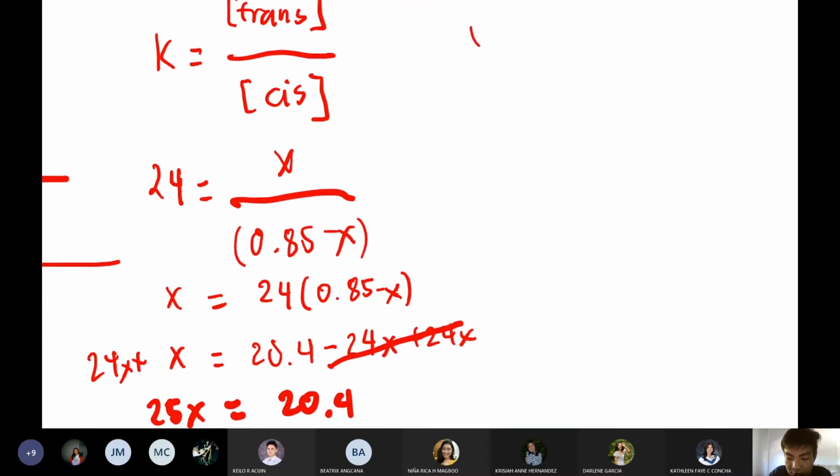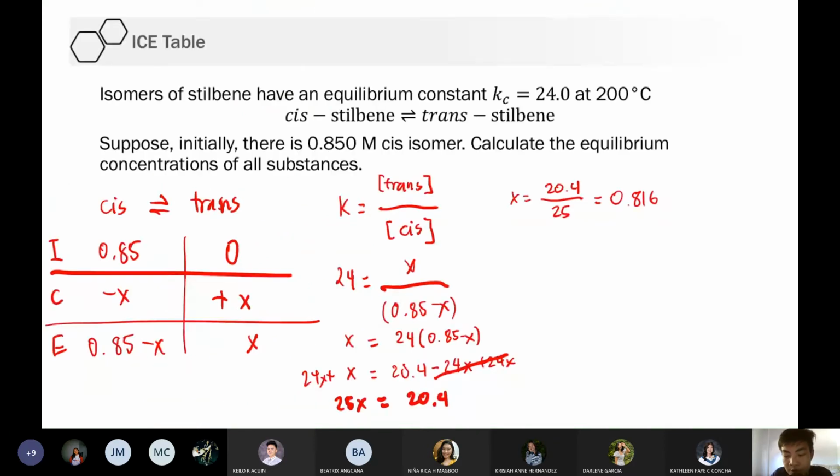So the value of x is equal to 20.4 divided by 25. What's 20.4 divided by 25? That is 0.816. So that means the value of x in our ice table is 0.816. That's it.